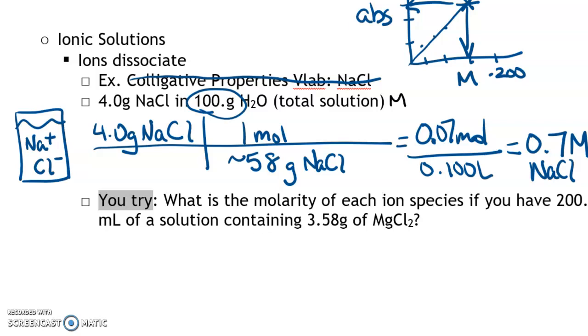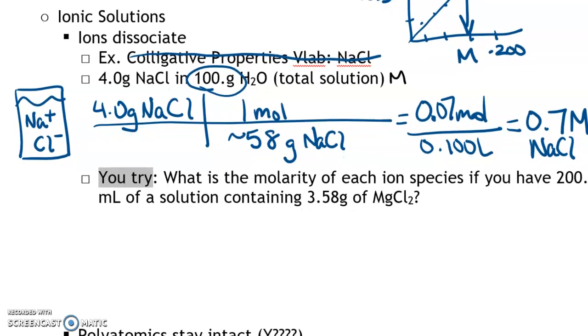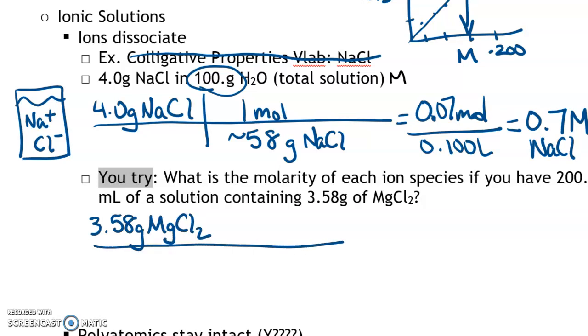Okay, so that is a little bit different than what's going to happen down here for magnesium chloride. Let's start out by finding the molarity of our solution first. So we have 3.58 grams of MgCl2. Its molar mass is 95.2 grams per mole.